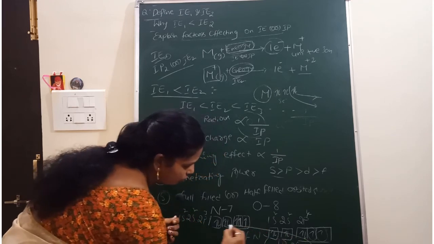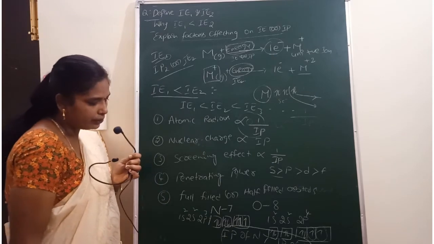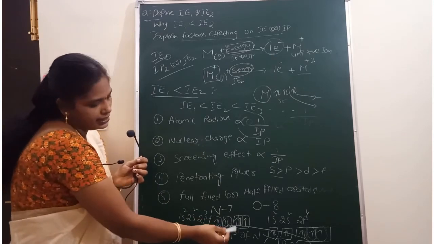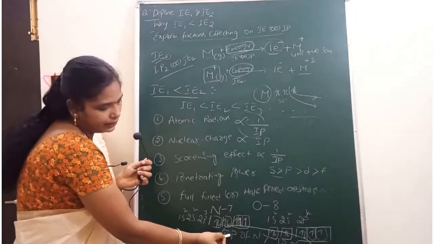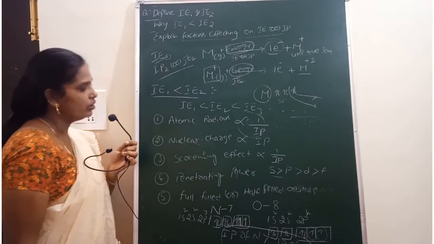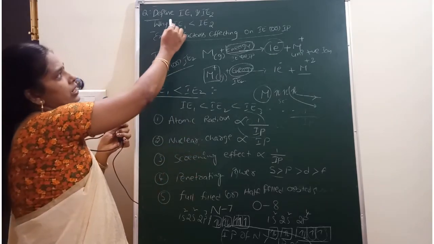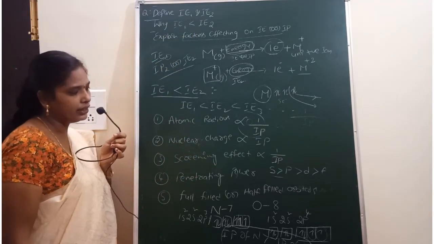This is the conclusion. Why? Because nitrogen has half-filled orbitals, and oxygen does not. So these are the main factors affecting ionization potential and ionization energy.